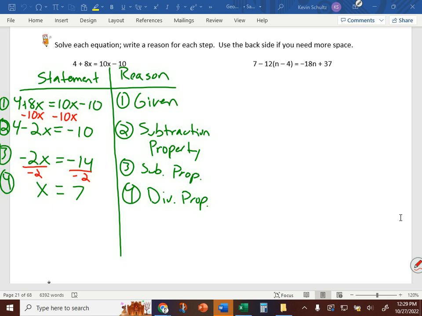Alex is asking a valid question. He's asking if you can do 2 steps at once. Warning for you, Damien. You are able to do multiple steps at once if they have the same reason. Ellen, warning for you as well. If they have the same reason. So if the reason is the same, you are able to do both steps at once.